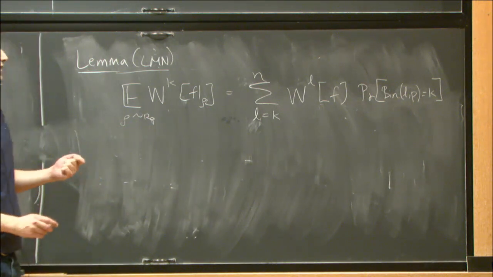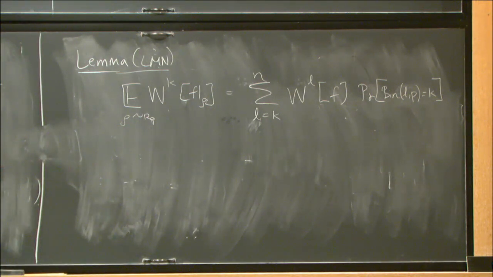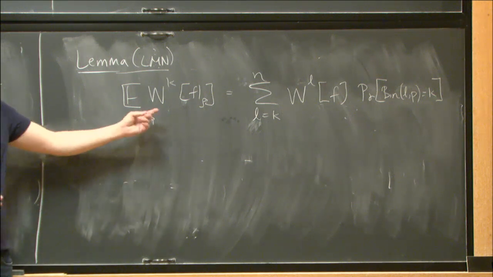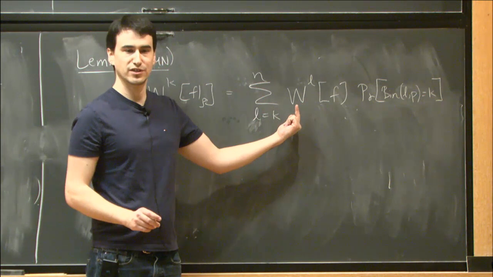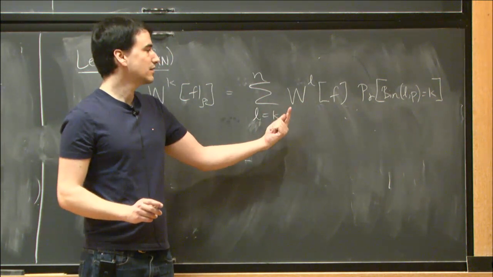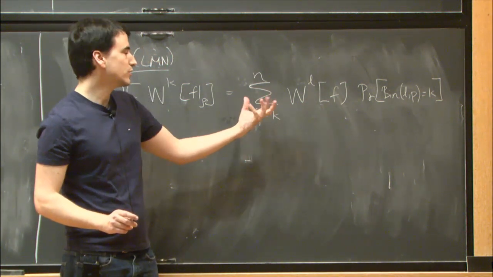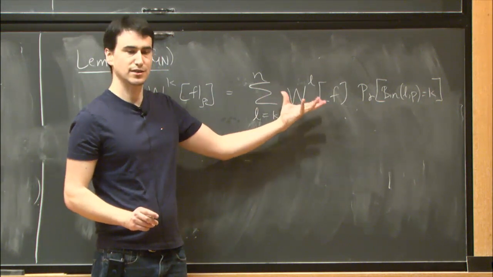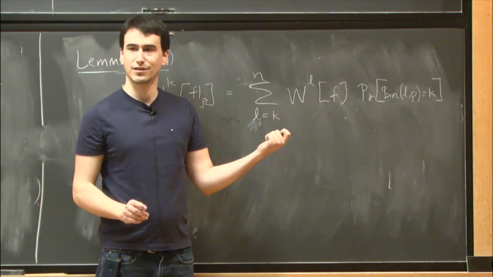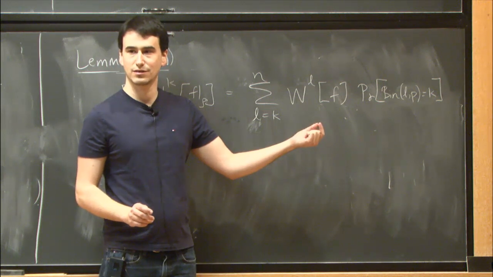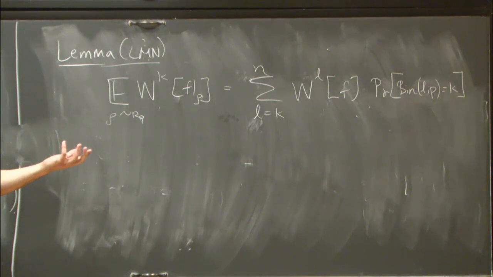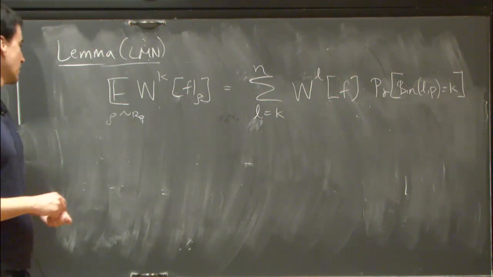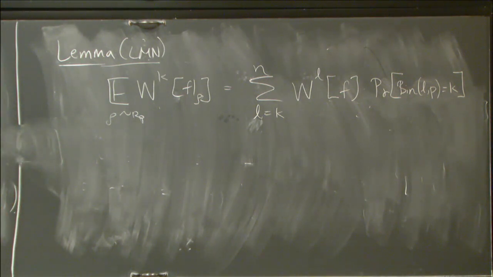More or less, you can think of it this way. In order to describe this distribution, you can first sample according to the original distribution, so you sample a set of size, let's say, l, and then you keep each variable in the set with probability p. So more or less you are left with the number of things that you had times p. This tells us that everything is shrinking by a factor of p.